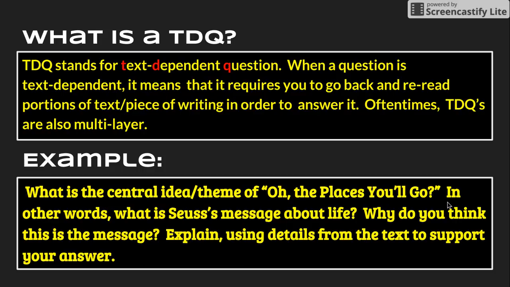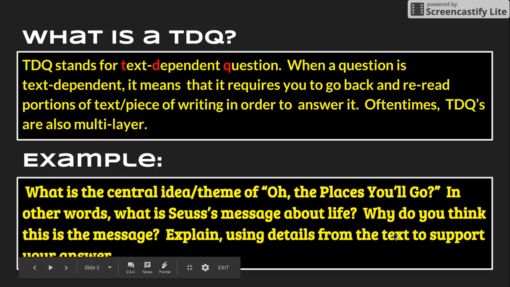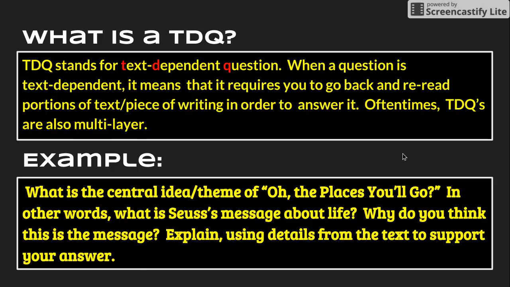In this case, however, the difference between just an MLQ and a TDQ is that this is asking you about a specific text. Okay, it's asking you to use details from that text to support your answer. So while a multi-layered question may ask you about your opinions and ask you to explain or maybe provide examples from your own experiences, a TDQ asks you specifically about one or more texts that you need to explore.